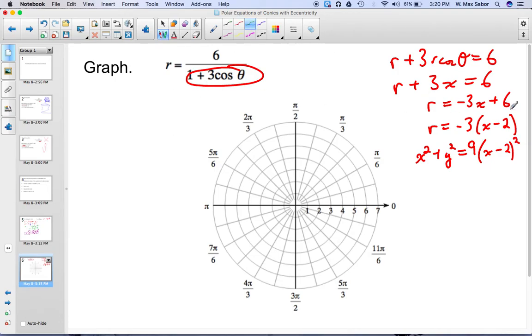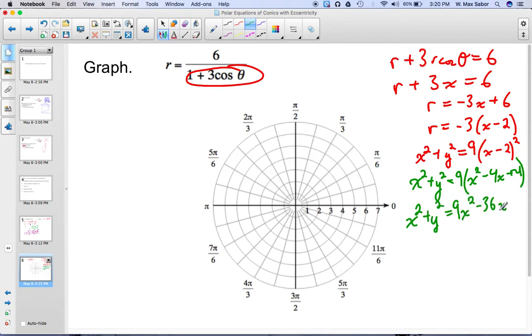Because we want to graph this, we need to rewrite this. So x squared plus y squared equals 9 times, this gets multiplied out as x squared minus 4x plus 4. Distributing, x squared plus y squared equals 9x squared minus 36x plus 36.